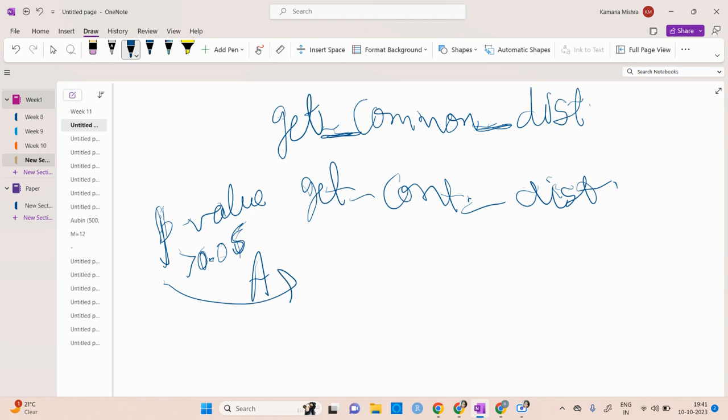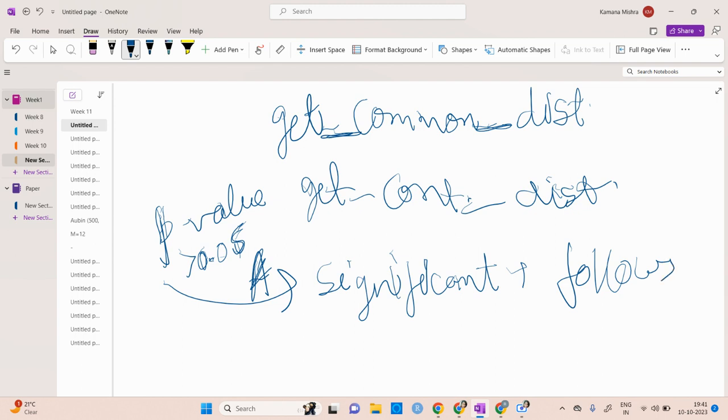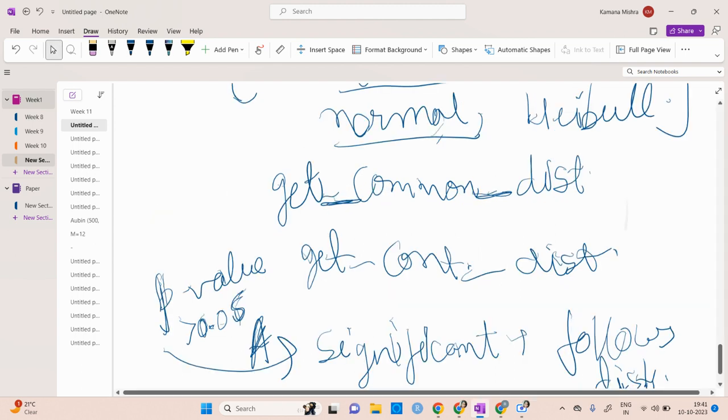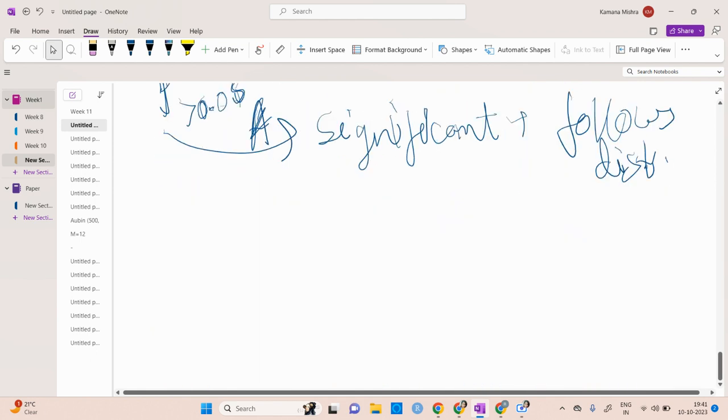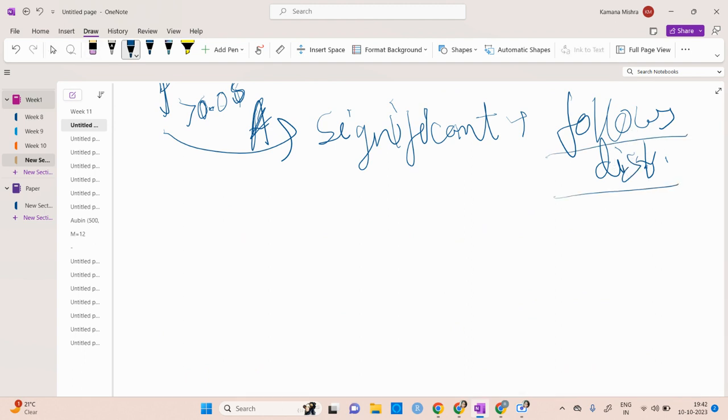If it is greater than 0.05, then we say it is following, it is significant, right? And significant means it follows this distribution. Let's say for three distributions, gamma, beta, and normal, you got the p value greater than this. So you are saying that the data follows these distributions.